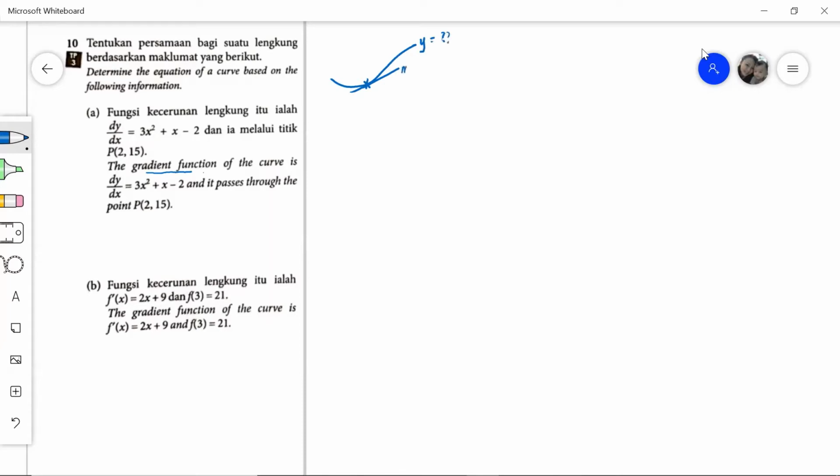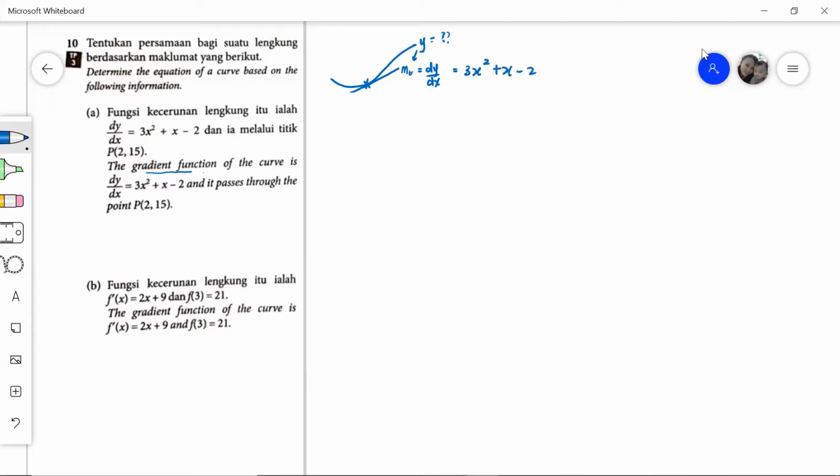Secondly, the MT. M stands for the gradient of tangent. So the gradient function refers to the gradient of tangent at any point along this curve, and it is given by dy/dx. Every time we differentiate y, we get dy/dx, and that is 3x squared plus x minus 2.